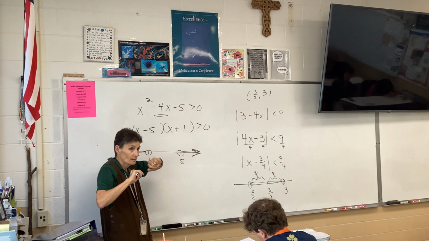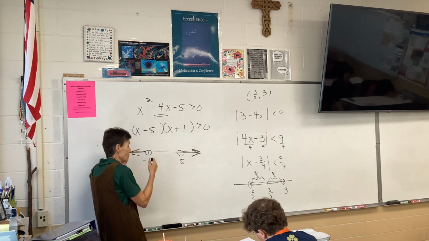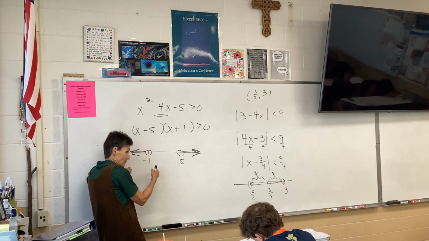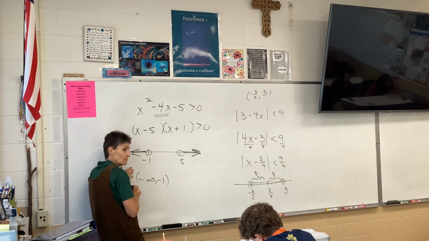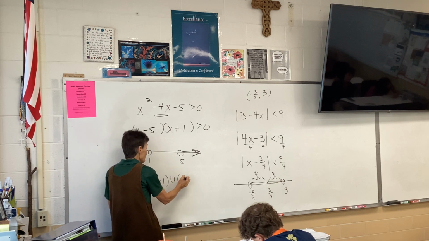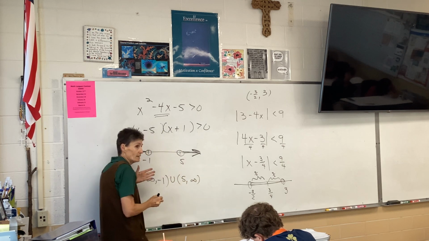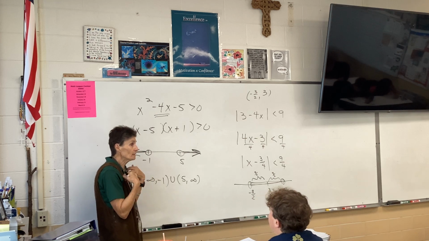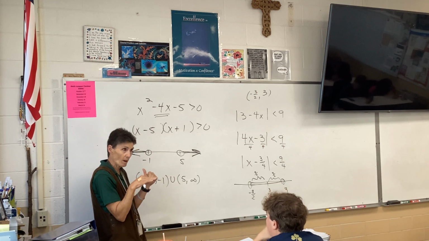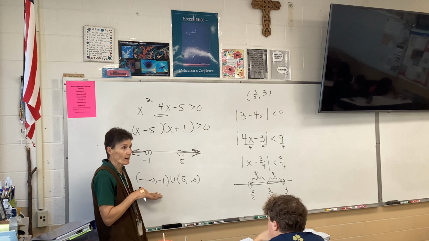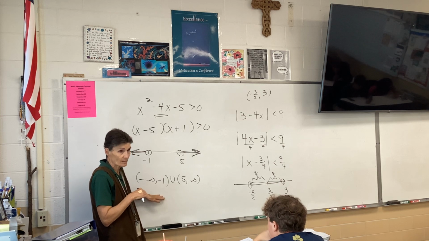So what's my answer? Negative infinity to negative 1 union with 5 to infinity. So I'm really using the number line to solve the problem, but I have to write my intervals in the answer blank.